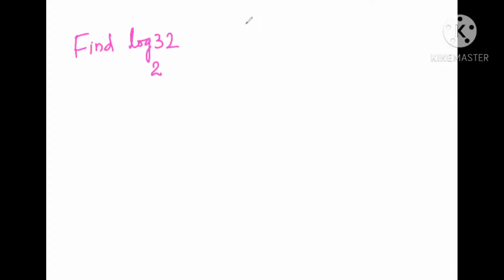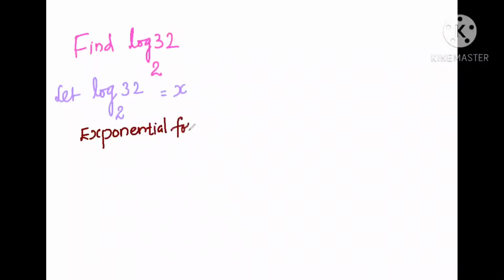Now here also, let logarithm of 32 base 2 is equal to x. Then write its exponential form. That is 2 raised to the power of x is equal to 32.